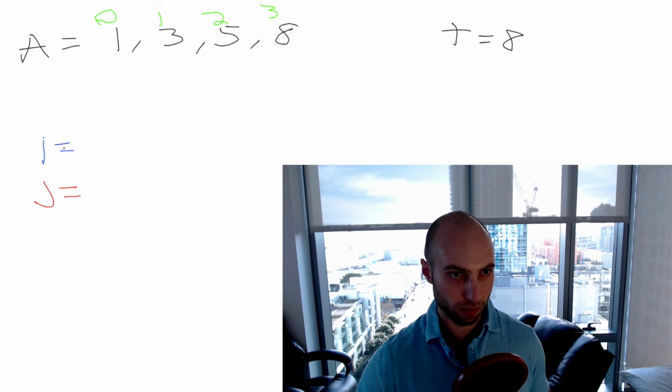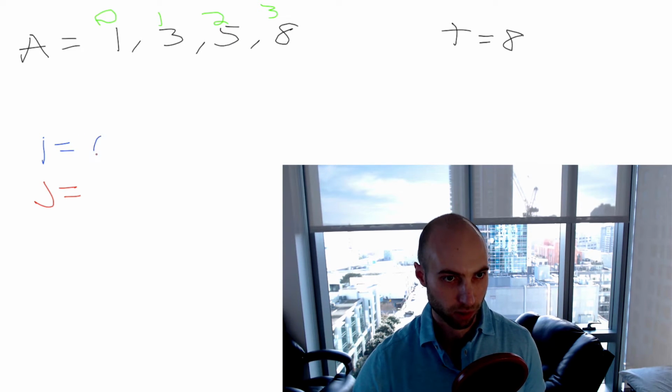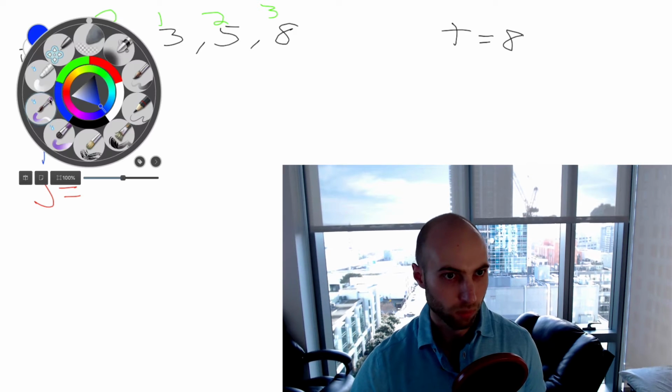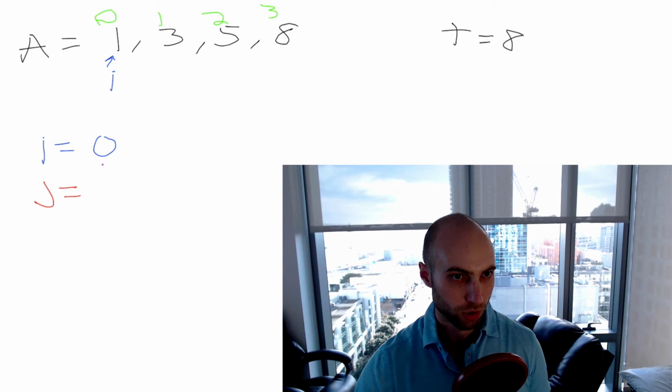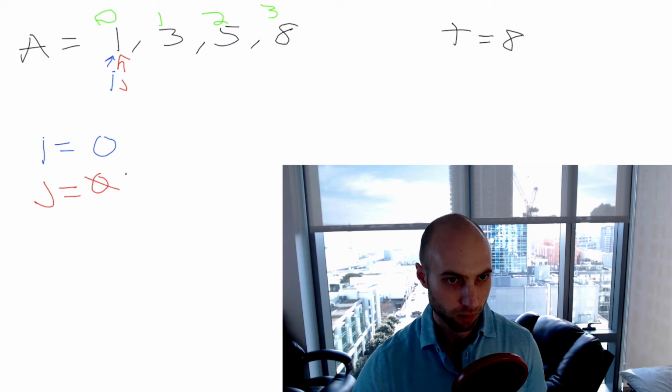So the naive solution is we're going to have two iterators, and we're going to start them both at 0. So i is pointed here, and j is also going to start at 0, and j is pointed here. In the next step of the algorithm, we're going to increment the inner loop.